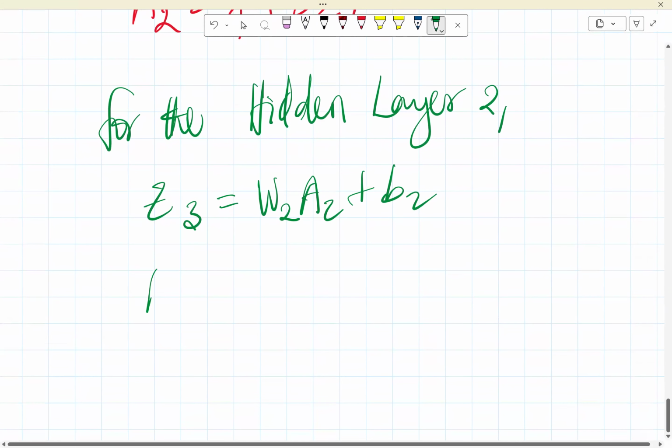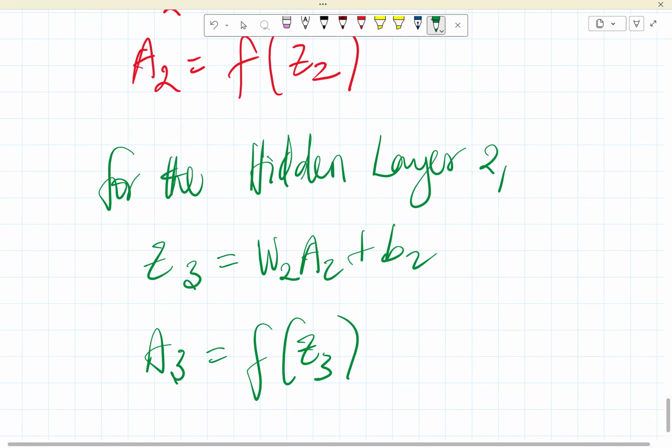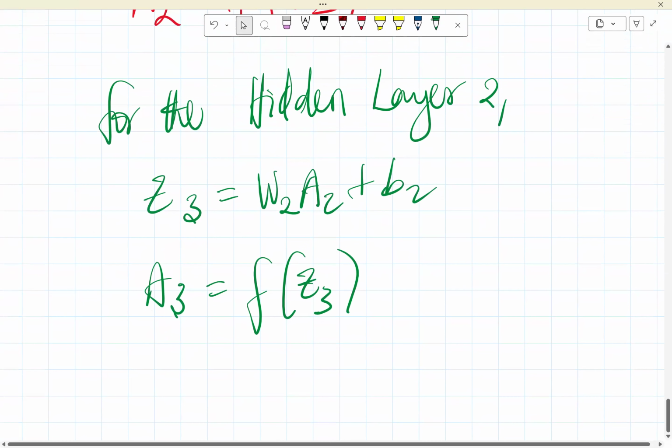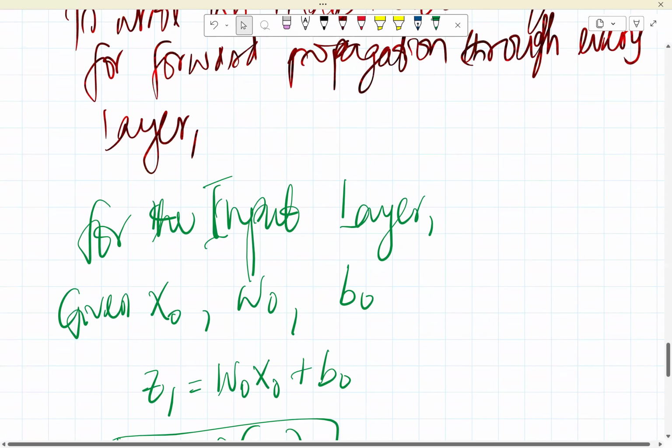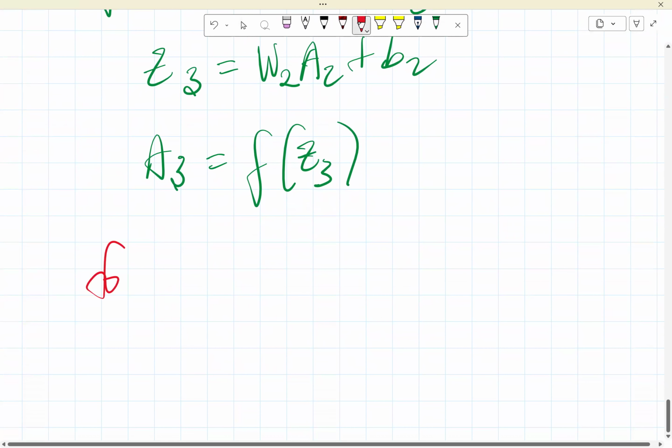So that we then have A3, which is the value you get after passing Z3 through an activation function. So we have passed through the input layer, hidden layer one, hidden layer two, and we go to the output layer.